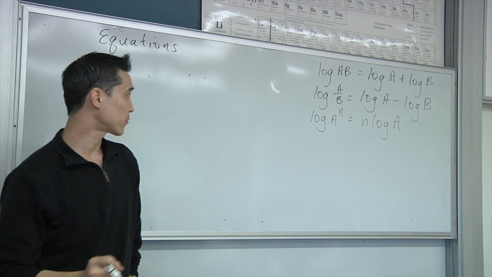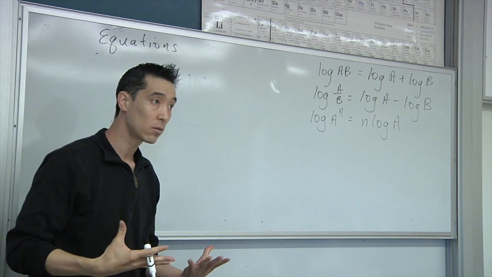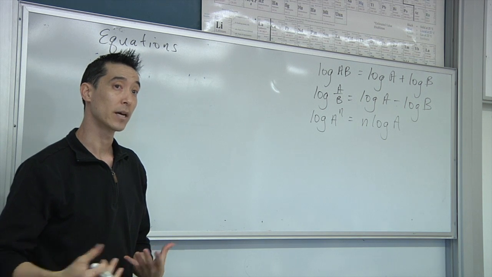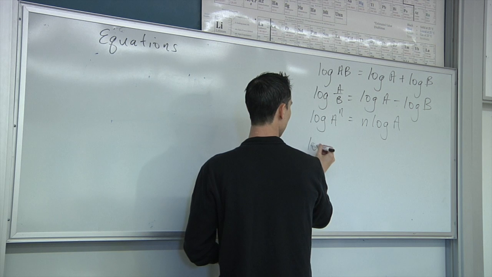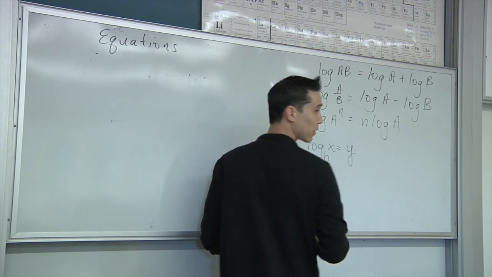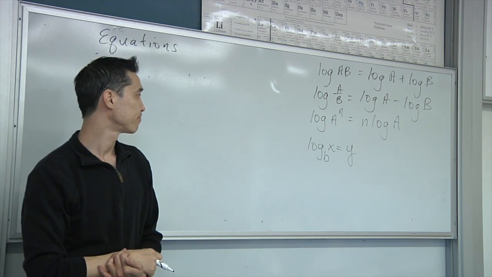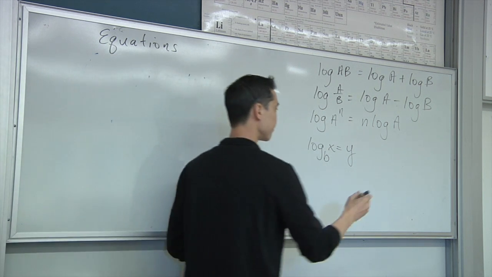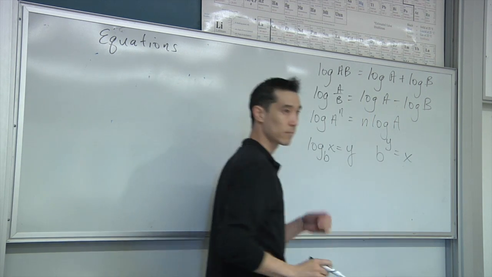We don't have to worry about the change of base formula, but we do need to worry about writing a log as an exponential. Let's say log base b of x equals y. How can I write that in exponential form? b to the power of y.